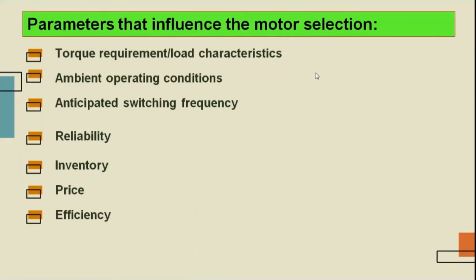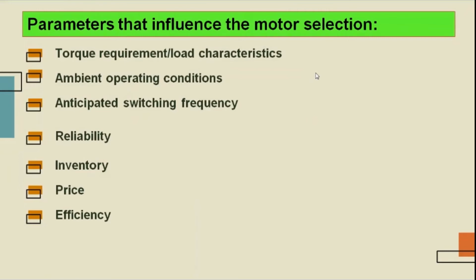Next we will see the parameters which influence the selection of the motor. If you have a textile industry, a cement industry, or any other application, what are the parameters which influence the selection of the motor? We will also see a video related to this.